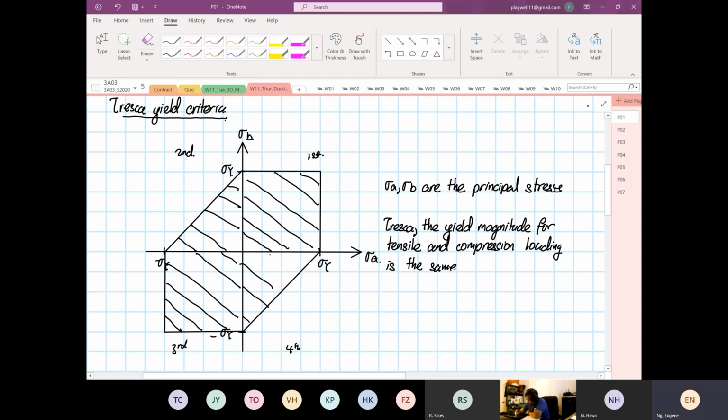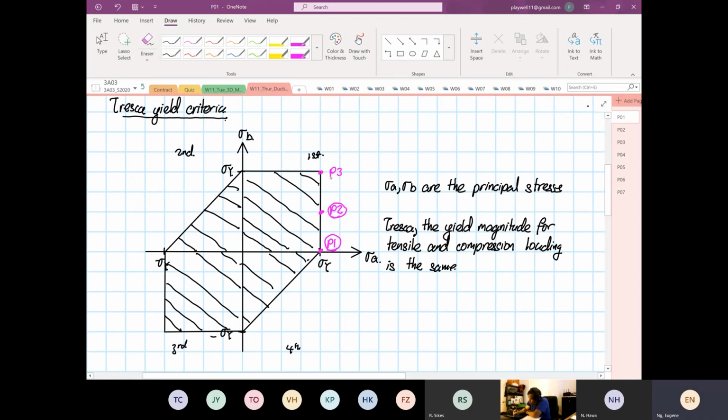So I'm going to plot this on Mohr's circle. This is stress A and stress B, but how does this look in the Mohr's circle domain? I'm going to call these points. This is my point one, somewhere over here is my point two, and somewhere over there is my point three.